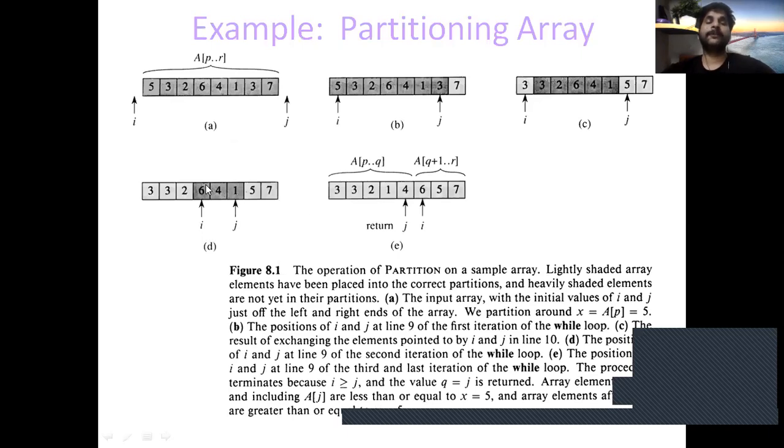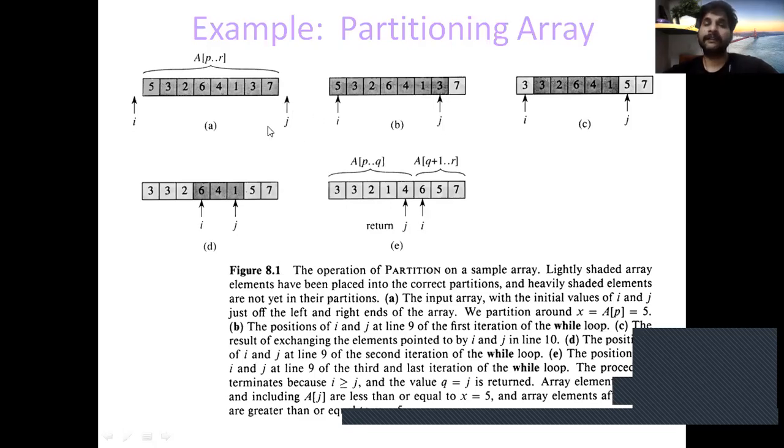Example, suppose an array is given, A, p---r. The elements are 5 3 2 6 4 1 3 7. i indicates p minus 1, j indicates r plus 1. Next step, i is at 5, j is at 7.